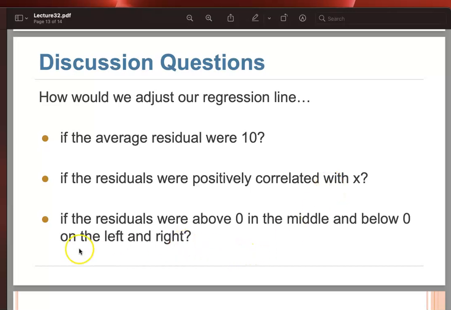The last one: if the residual were above 0 in the middle and below 0 on the left and right, this is kind of the opposite of our Dugan question. In our Dugan question, the residuals in the middle are below 0, but on the left and right they are positive. This one just means the regression line may not be the best fit for our data. So that's our discussion question.